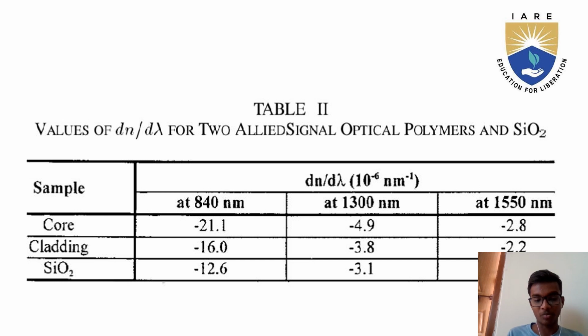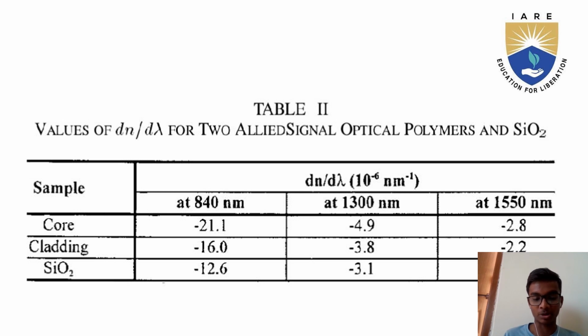Cladding has a value of minus 16 at 840 nanometer, minus 3.8 at 1300 nanometer and minus 2.2 at 1550 nanometer. SiO2 has the value of minus 12.6 at 840 nanometer, minus 3.1 at 1300 nanometer and minus 1.8 at 1550 nanometer. These are the different values of dn by d lambda at different wavelengths like 840, 1300 and 1550 nanometer.